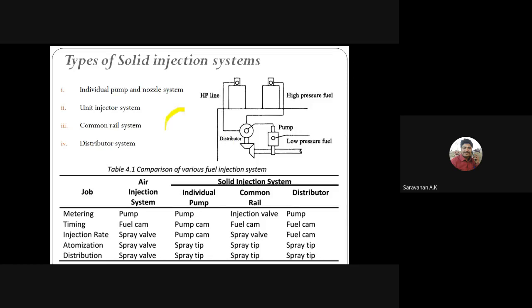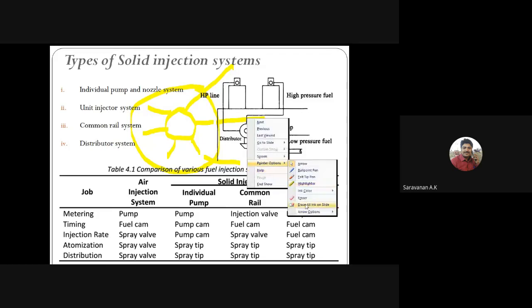The rotor distributes the fuel to the different outlets, each outlet connected to one injector, two, three, like that. Once the rotor rotates, the amount of fuel will be supplied to a particular line of the fuel injector. That type of system is called the distributor system.